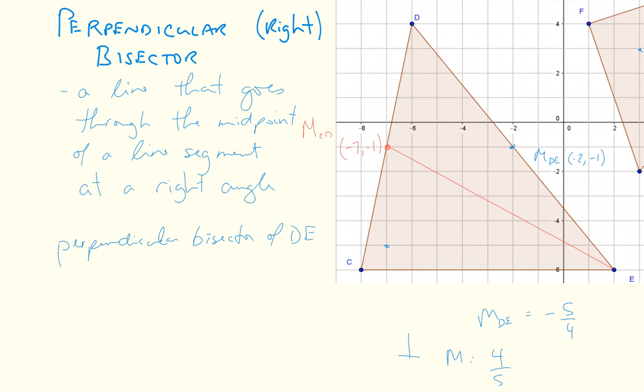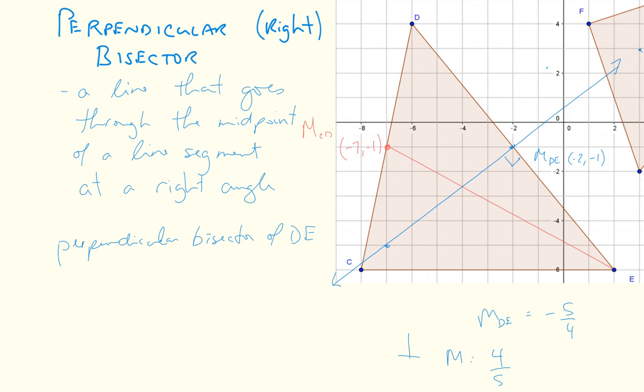And then I could draw a line through my midpoint and perpendicular to that side, which makes my perpendicular bisector my right bisector, both of those things. It goes through the midpoint and it goes perpendicular to that side.